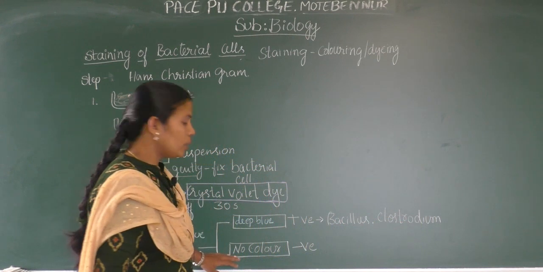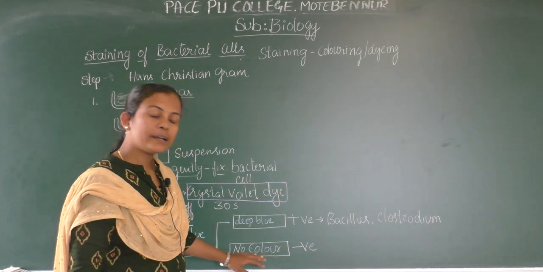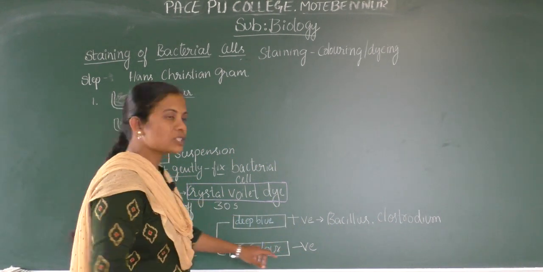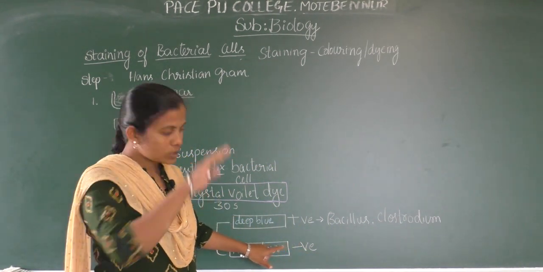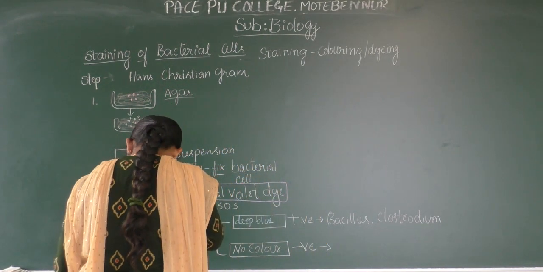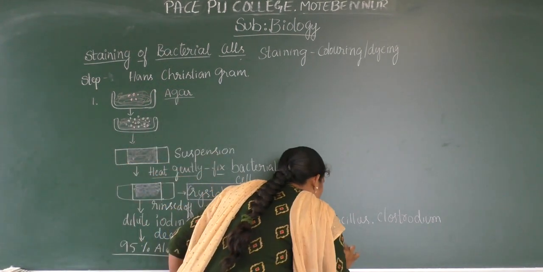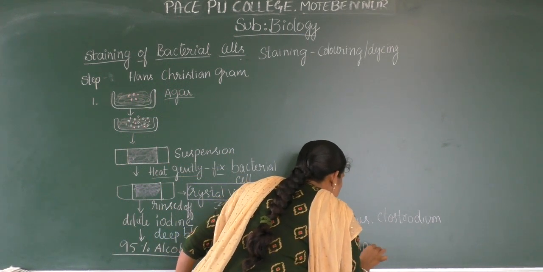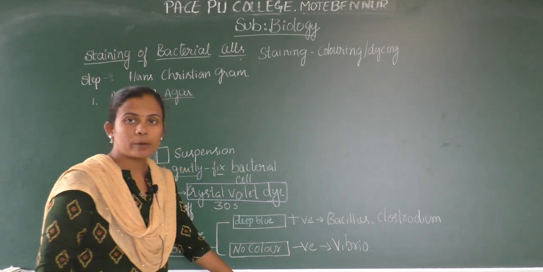Okay, and no color is observed. Our decolorization process has taken place, and those types of cells are called gram negative cells. An example is Vibrio. A small thread-like extension has been observed in spiral-shaped bacterial cells.